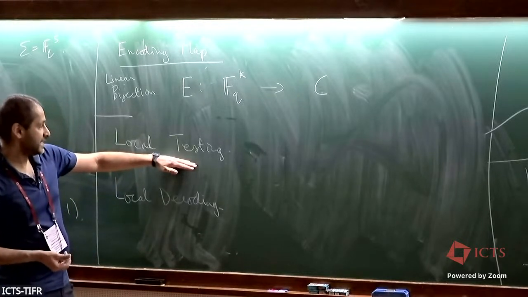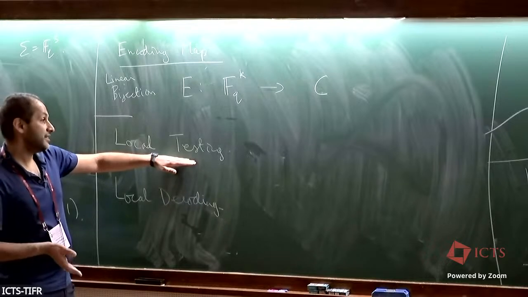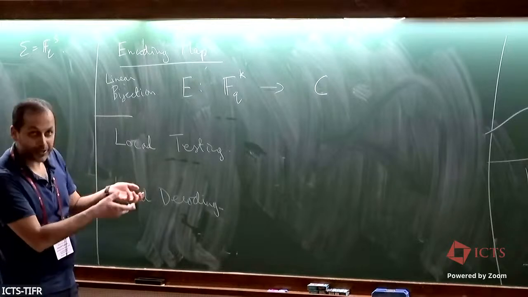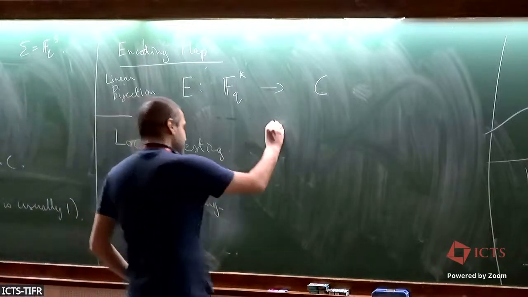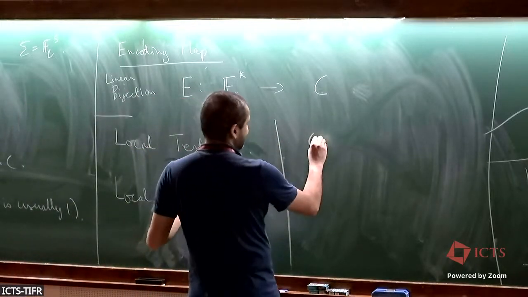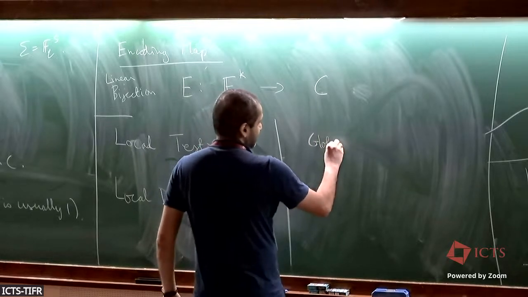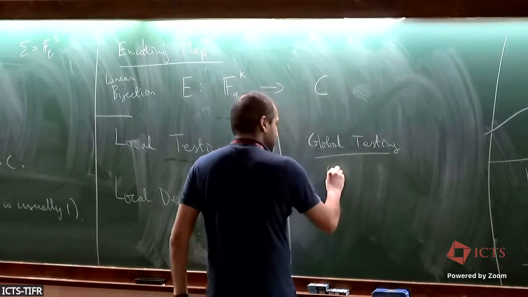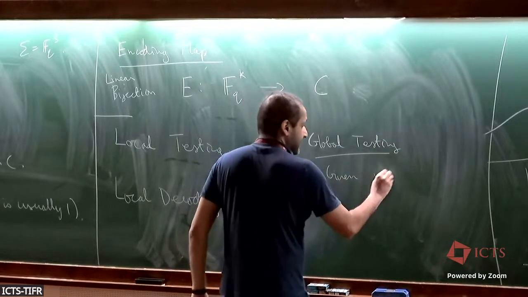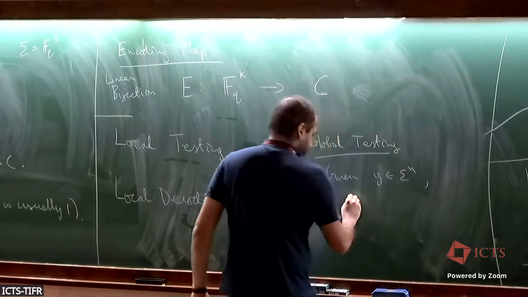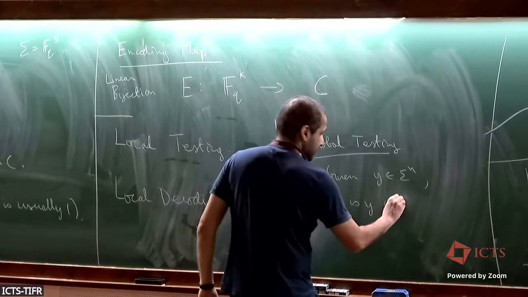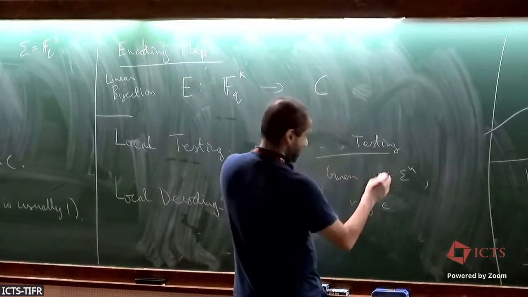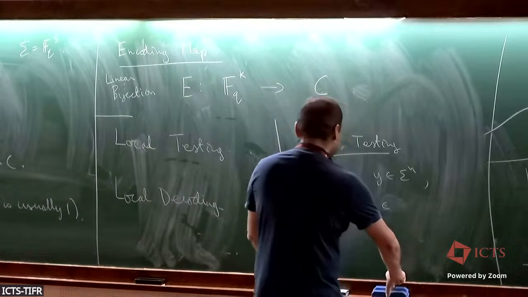In local testing, we're testing if a given string is close to the code or not, and we're doing this again quickly. I just want to mention there's something called global testing, which is easy for linear codes. Global testing: given y in sigma to the n, is y close? Oh, so is y in? This is actually not even testing. Sorry, I take that back.